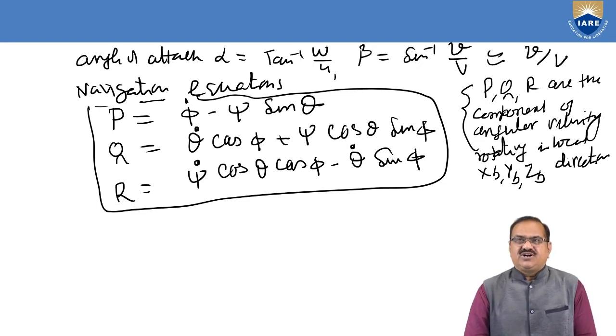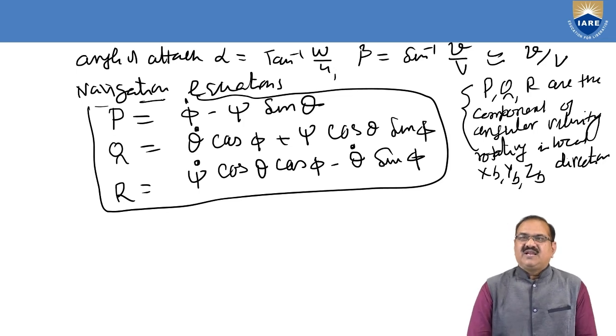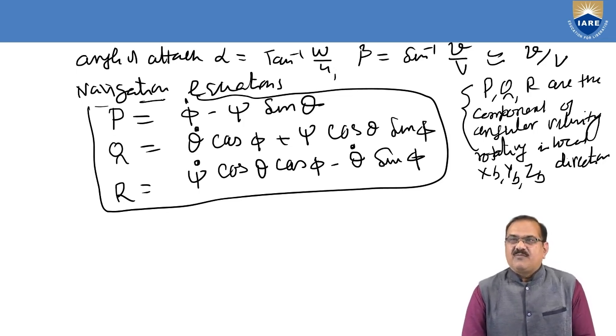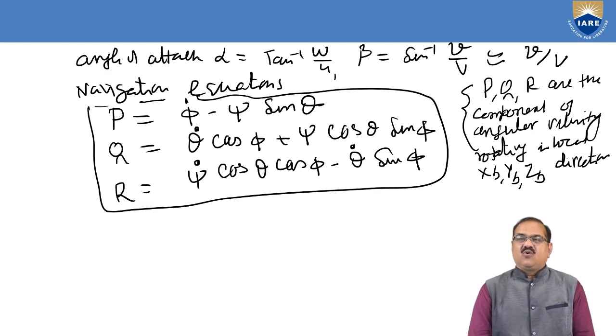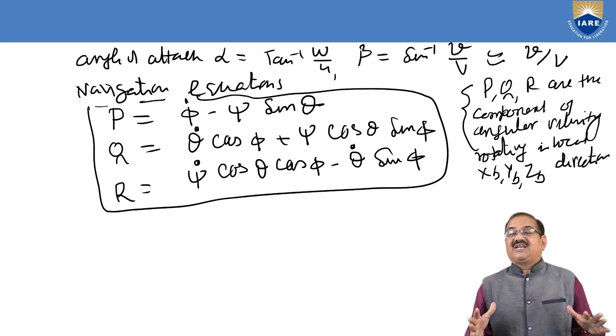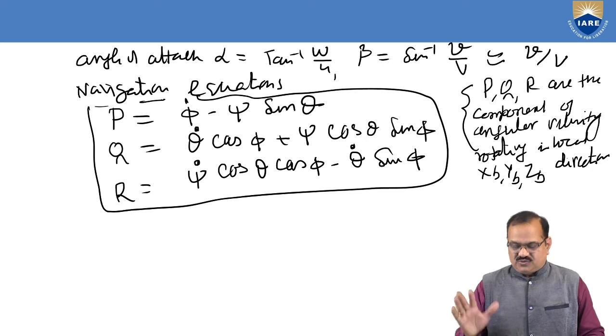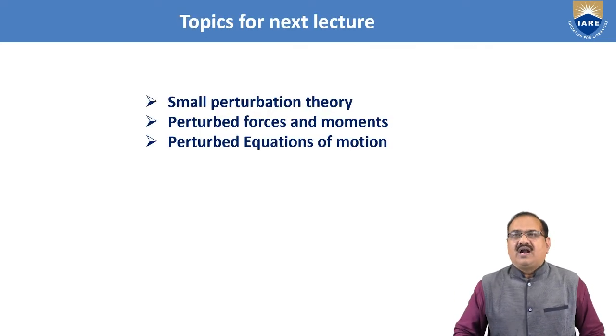Q is equal to theta dot cos phi plus psi dot cos theta sine phi, and R is equal to psi dot cos theta cos phi minus theta dot sine phi. Here P, Q, R are the components of the angular velocity in the local XB, YB and ZB directions. So P, Q, R are rotating in the body frame. These things we have to understand.